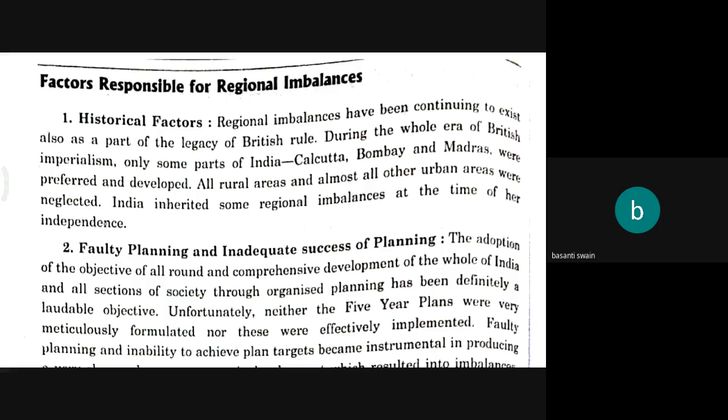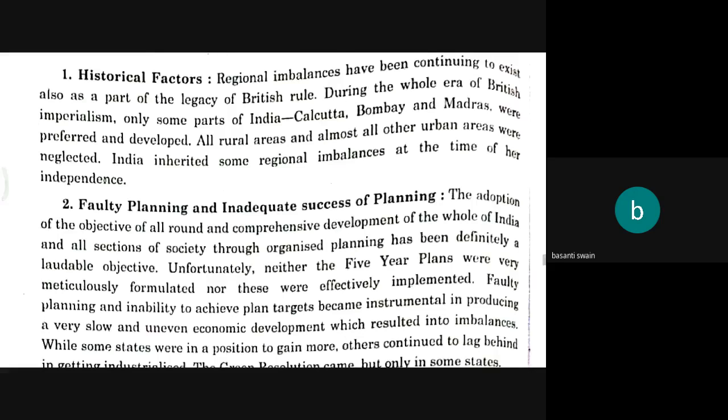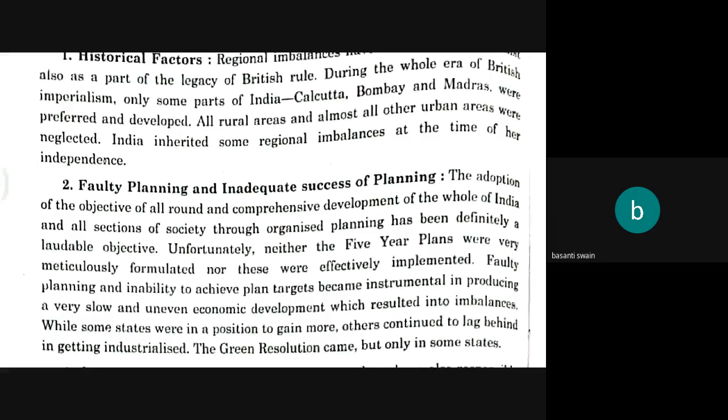Number 2, faulty planning and inadequate planning is also one of the major factors responsible for regional imbalance. The adoption of the objective of all-round and comprehensive development of the whole of India and all sections of the society through organized planning has definitely been a laudable objective.